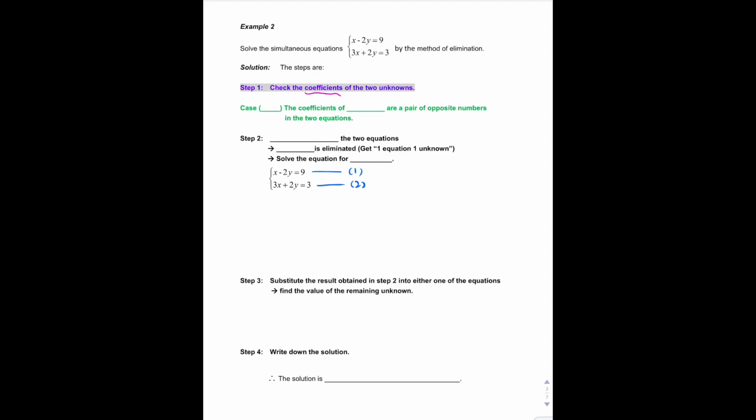Here, you will find that for y, the coefficients are a pair of opposite numbers, positive 2 and negative 2. So this is case 1. For this case, when the coefficients are a pair of opposite numbers, we can add the two equations, and then y will be eliminated, and then you can solve for x.